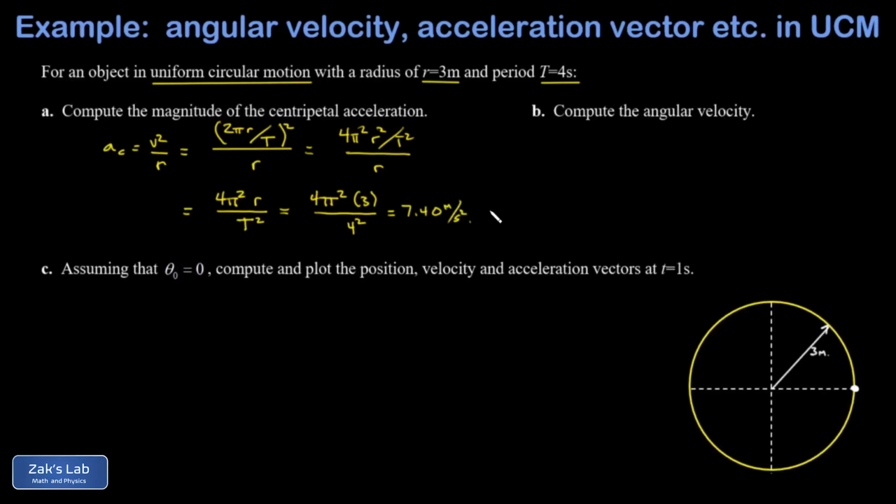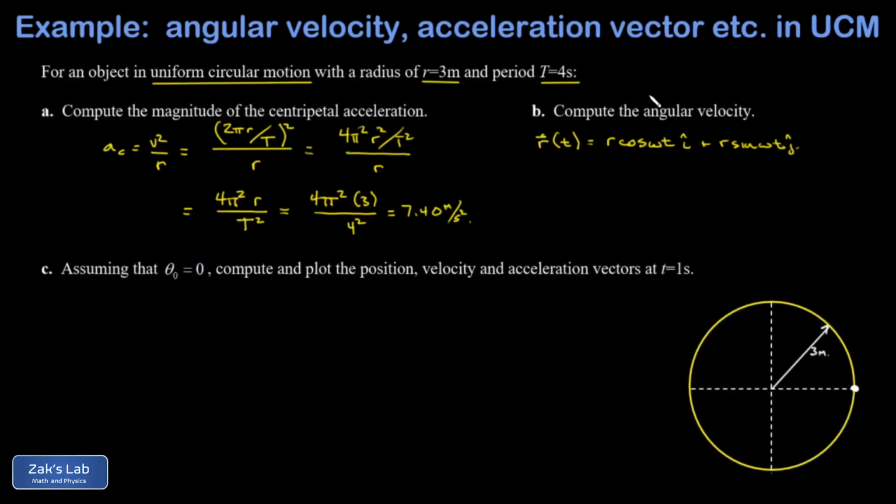In part B, we're asked to get the angular velocity. And just a quick reminder, because we're going here in part C anyway, the formal position vector as a function of time for an object in uniform circular motion is given by r cosine omega t i hat plus r sine omega t j hat. And this includes assuming that the initial position is on that plus x axis.